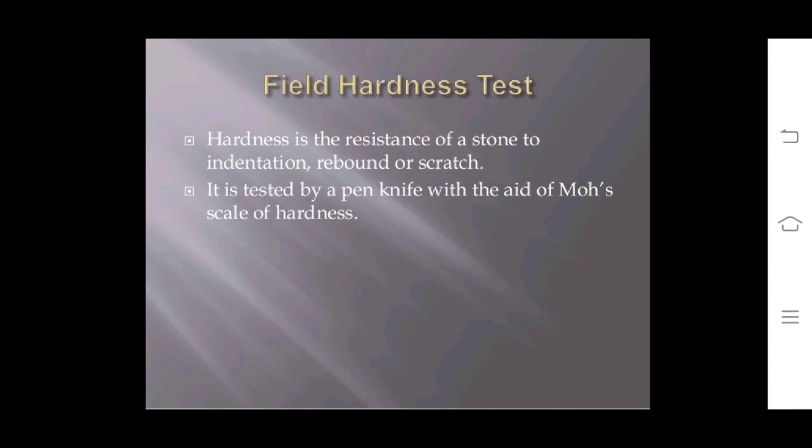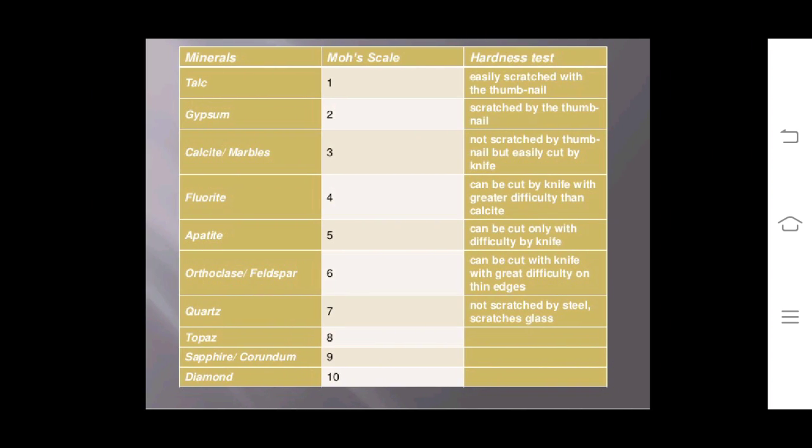Field hardness test. Hardness is the resistance of the stone to indentation, rebound, or scratches. It is tested by a penknife with the aid of the Mohs scale of hardness. The following table shows the various Mohs scale values and hardness tests.